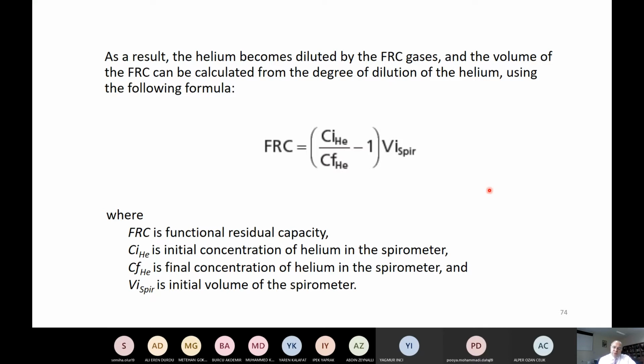So we know the previous volume and concentration of helium, and then we will also get the final concentration of helium, so that we will calculate the final volume of helium which caused dilution that much, so that we will calculate actually functional residual capacity. The volume that the helium is diluted equals functional residual capacity. Okay.